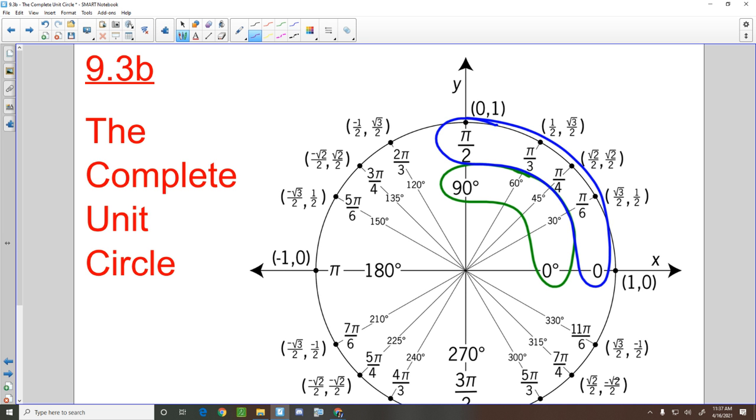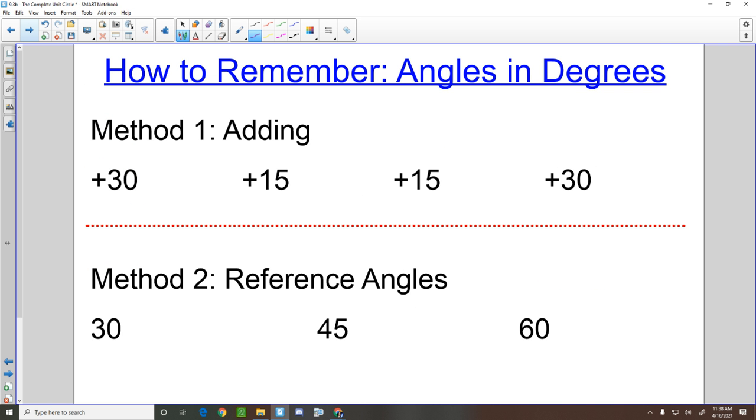And then we need to learn the coordinates at each of those. So if I were to ask you the sine of 30 degrees or the tangent of pi over 4 radians, you would be able to think of the coordinate at that angle and then easily tell me what that value is exactly without needing that calculator. So I'm going to go through each of those 3 different parts of the unit circle and figure out how to recreate it. Again, this is nice because you don't have to memorize that whole thing.